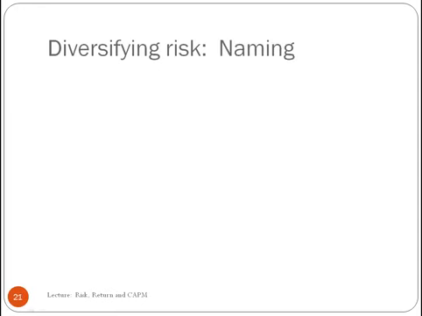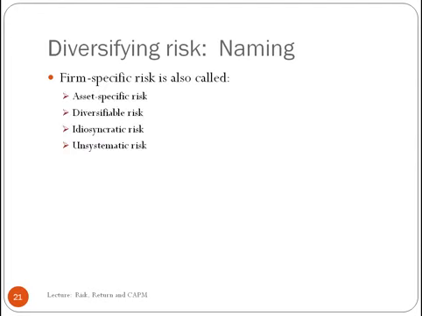We're stuck with it. All right, let me take a moment to talk about the naming conventions used here. Firm-specific risk, you'll hear it called any of the following: asset-specific risk, diversifiable risk, idiosyncratic risk, and unsystematic risk. These are all interchangeable terms for firm-specific risk.